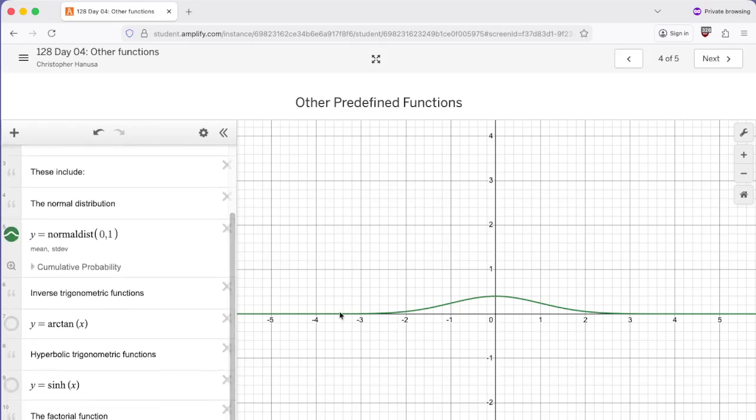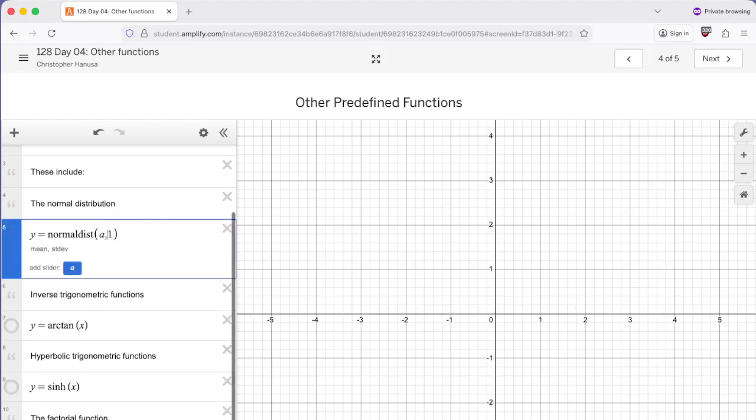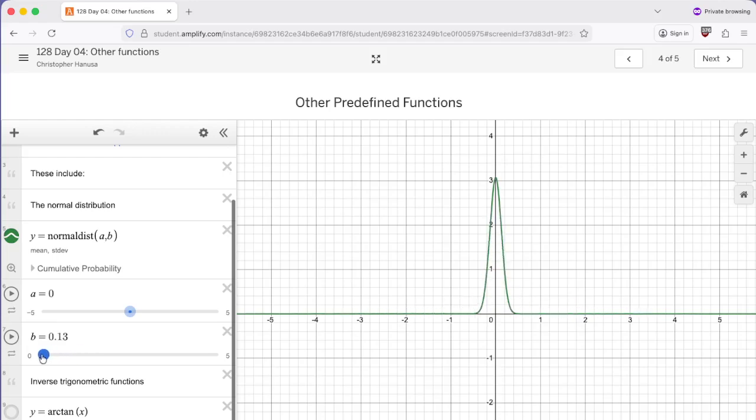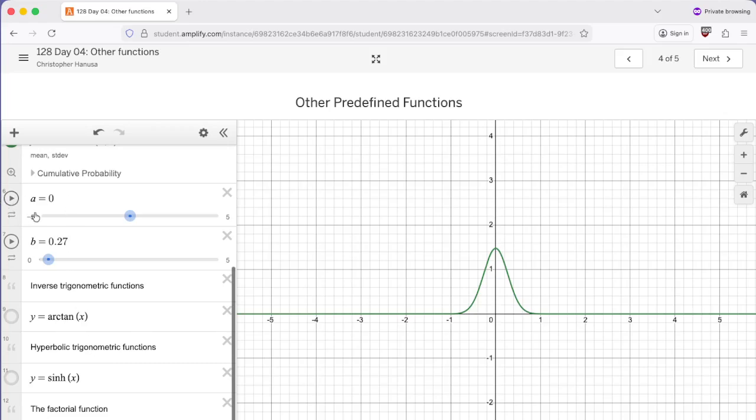So that one has this nice smooth bump. You can change some of these parameters too. We could make this A and B, and we could put in some parameters, and that's going to either move the bump or make it flatter or higher. So maybe that's a helpful function.